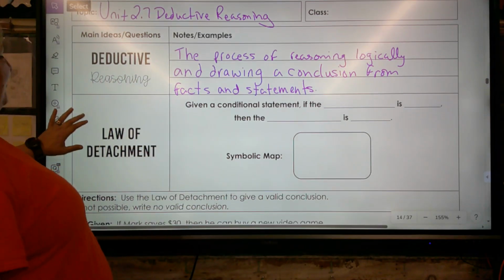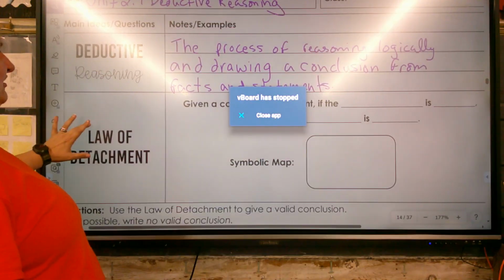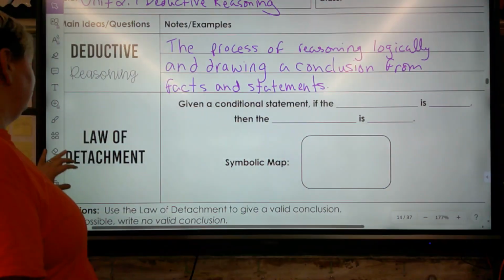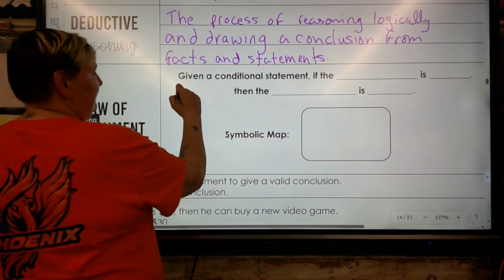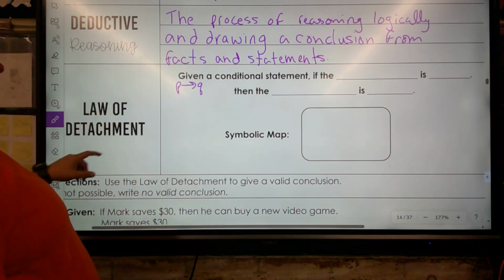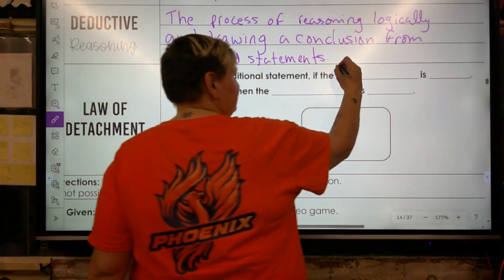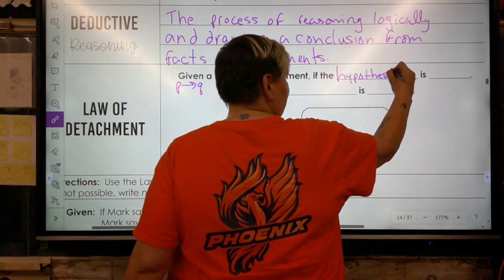All right, the first law of deductive reasoning is the law of detachment. And the law of detachment says if you are given a conditional statement, here P then Q, right? That's our conditional statement. If the hypothesis, which is your P, right?